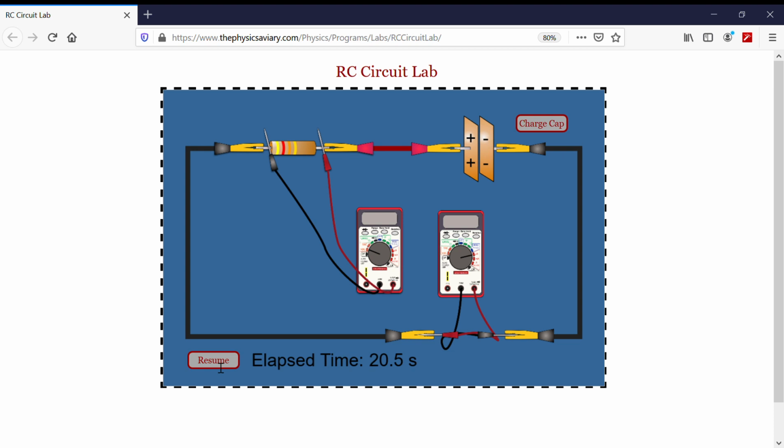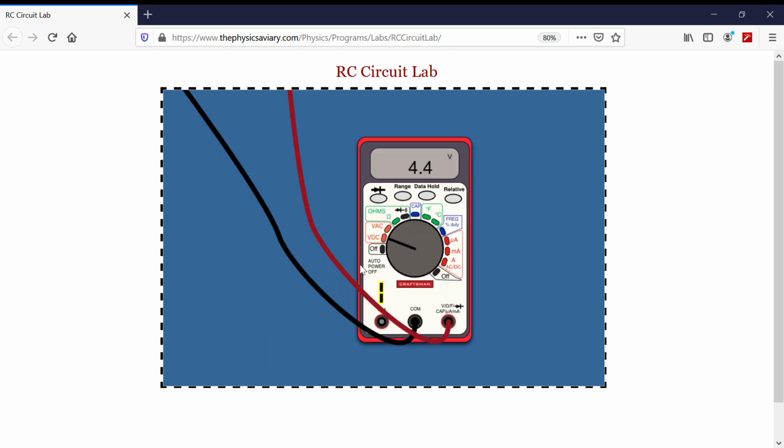We resume the timer and stop at 30 seconds. Okay. Voltage is 4.4 volts.